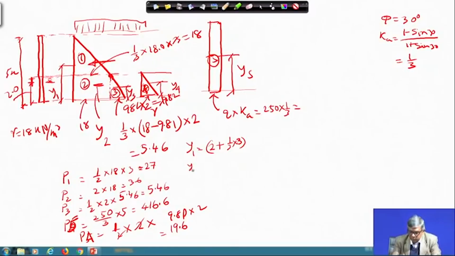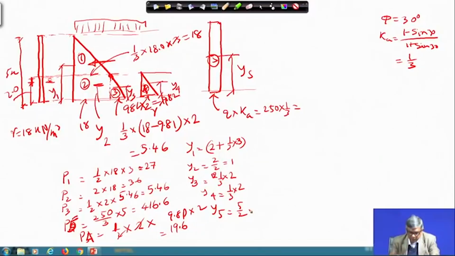And then y2 will be equal to half of this, 2 by 2, that means 1. y3 will be equal to 1/3 multiplied by 2, and y4 will be again 1/3 multiplied by 2, and y5 will be equal to 5 by 2.